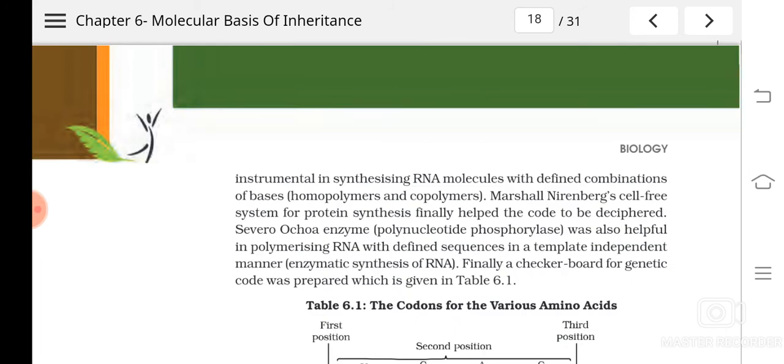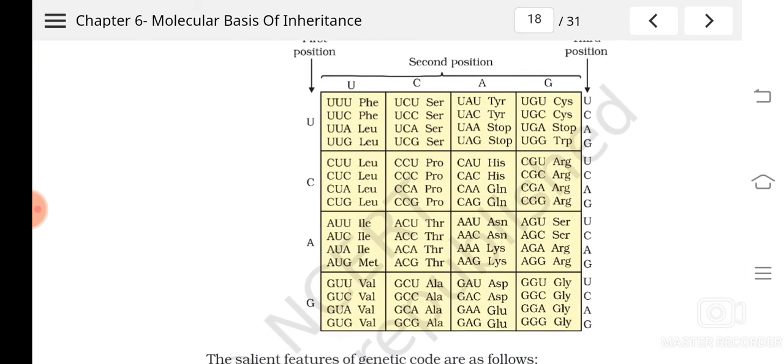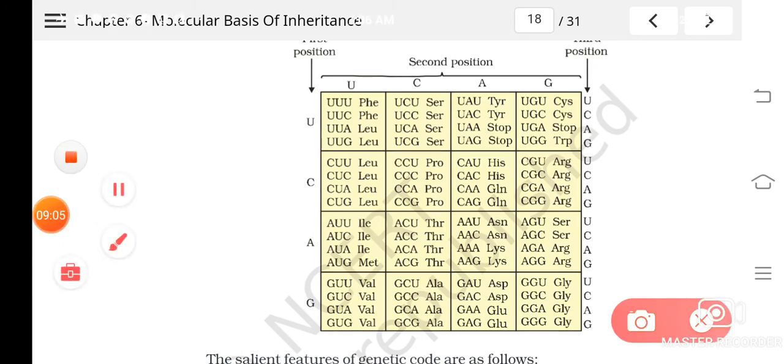Understood? When you see the genetic code, this is the code existing in the genetic system. You can see that if UUU is there in an mRNA, then the amino acid coded will be phenylalanine. UUC also forms phenylalanine. UUA is leucine.